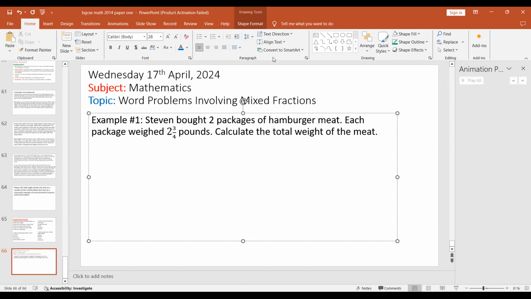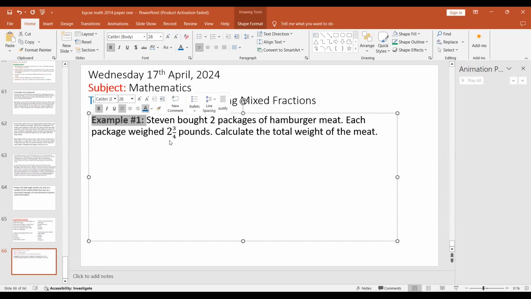Calculate the total weight of the meat. So Stephen bought 2 packages of hamburger meat. Each weighed 2 and 3/4 pounds. Calculate the total weight of the meat.